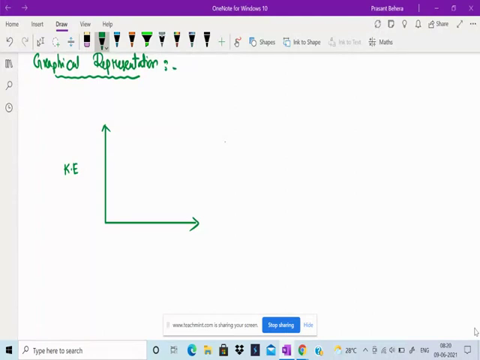Here is the frequency, nu, the frequency of light. It is observed that this point is known as a threshold frequency, nu naught, for any matter.